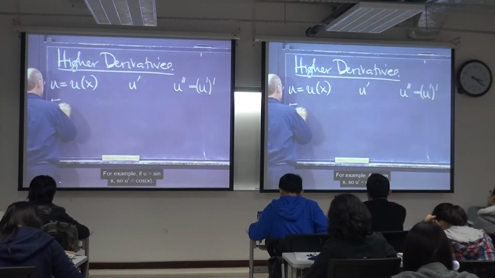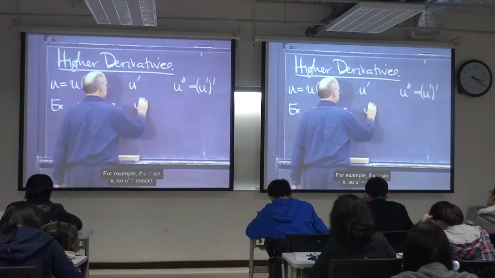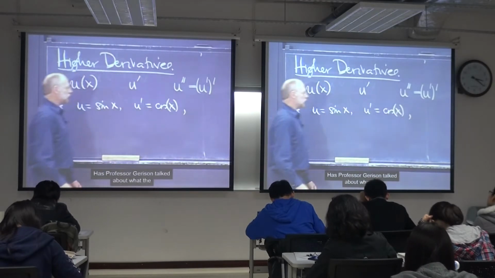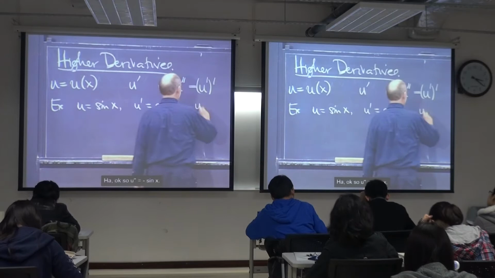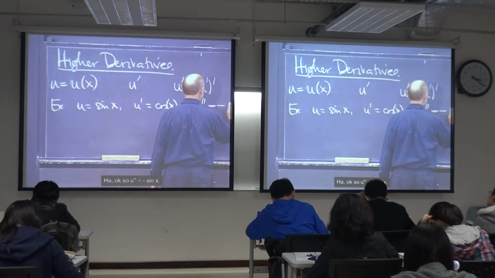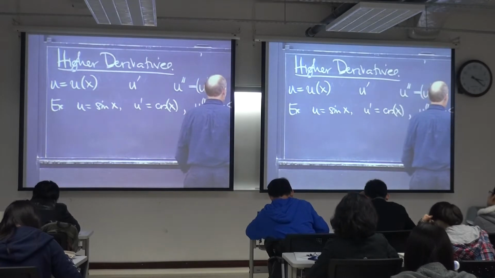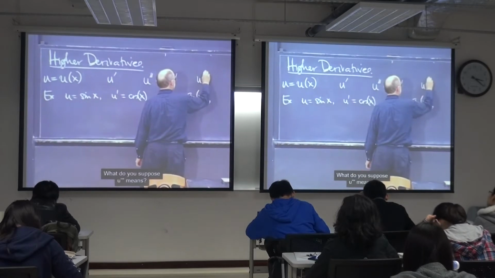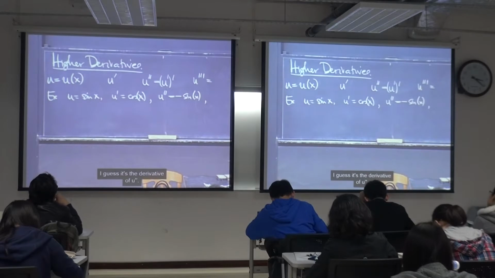For example, if u is the sine of x, then u prime is the cosine of x. Has Professor Garrison talked about what the derivative of cosine is? What is it? Okay, so u prime prime is minus the sine of x. Let me go on. What do you suppose u prime prime prime means? I guess it's the derivative of u prime prime.